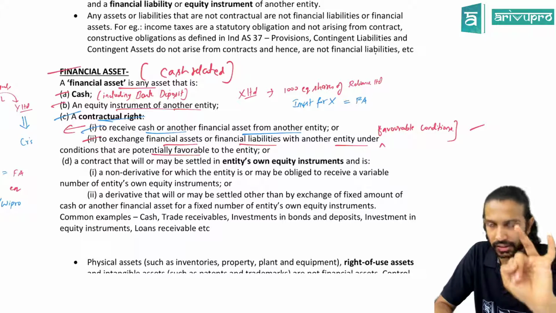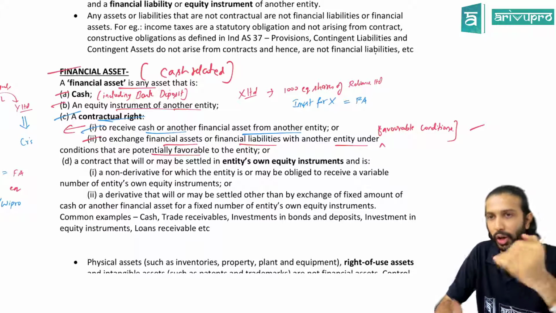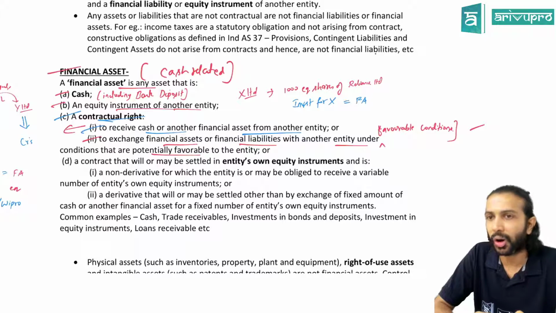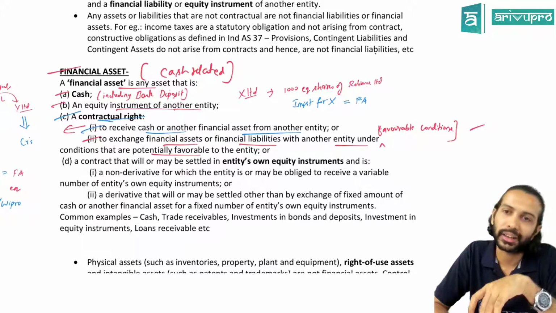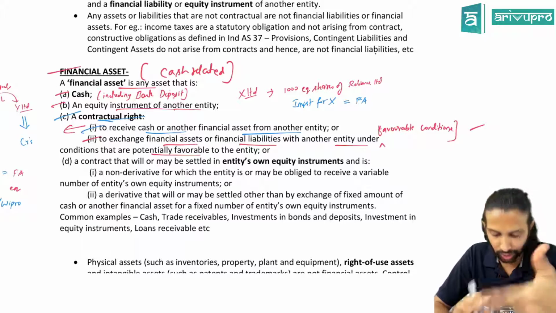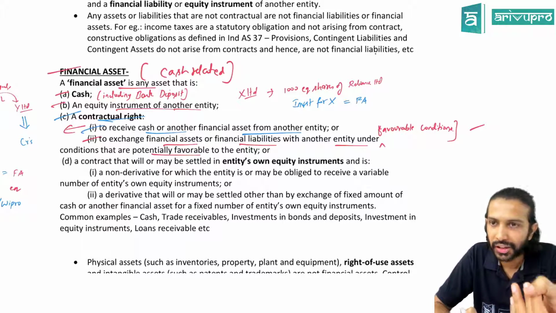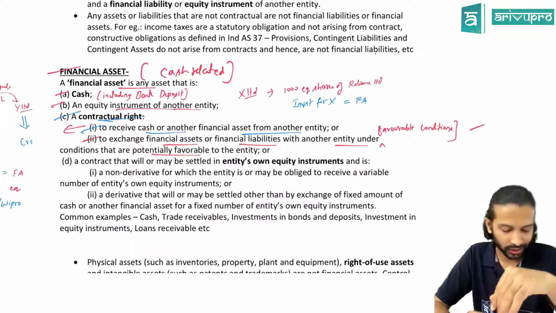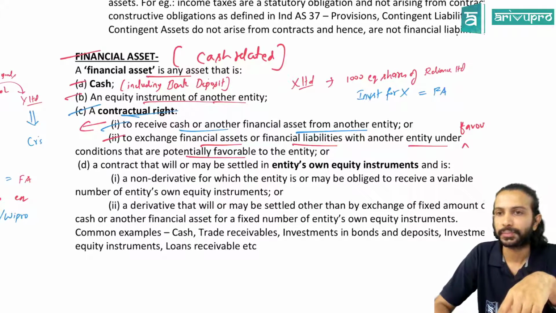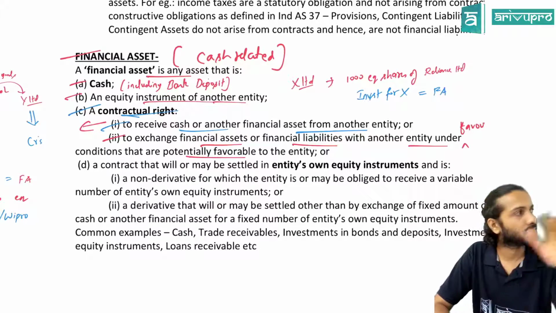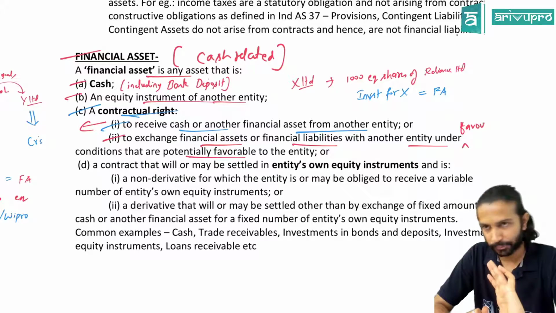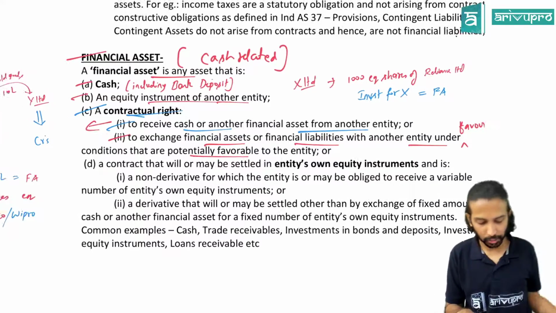Fourth, a right to exchange financial assets or financial liabilities under favorable conditions. Meaning if you are making any gain out of that exchange, that is favorable. Such a favorable position we record as a financial asset. And if it is unfavorable, we record it obviously as a financial liability. That we'll take up a little down the line. Can I move on?